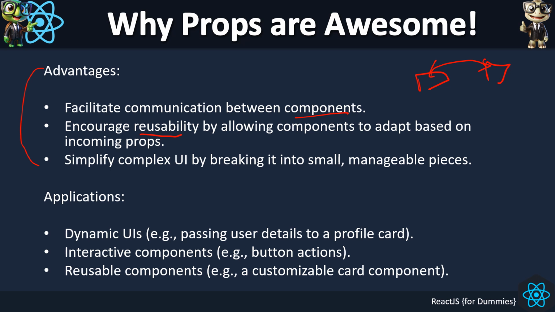They simplify complex UIs by breaking them into small manageable pieces. So based on the different requirements, data that we need to process, we can create more components and just pass them props and they can work on that. The application can be dynamic, with interactive user interfaces, reusable components and whatnot.